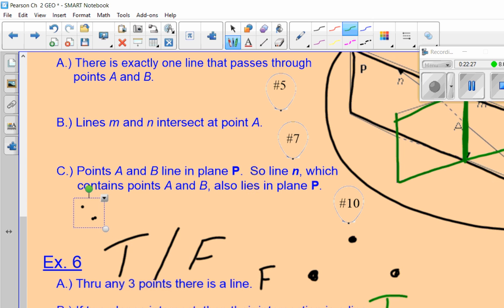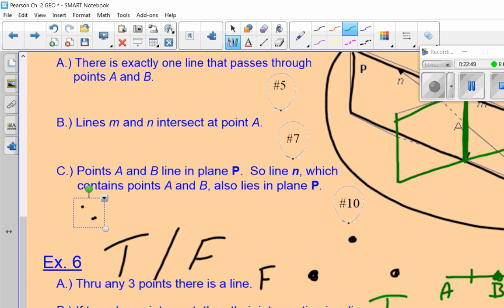Part C, if AB equals BC, then B is the midpoint of AC. True or false? Well, it could be, I could draw AC and put B here and say that they're both the same. Well, that means that B is the midpoint.